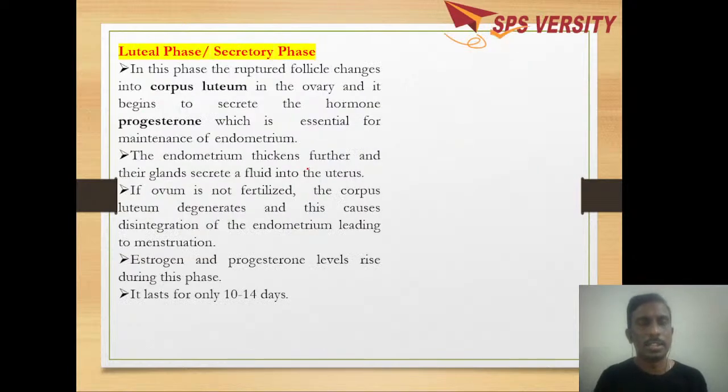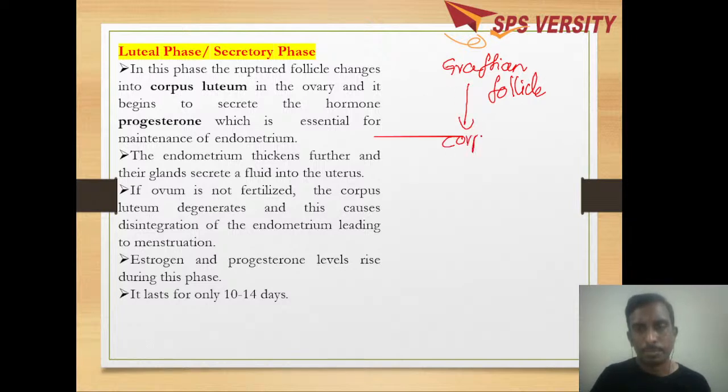The next phase is the luteal phase, which is also called the secretory phase. What happens here? In this luteal phase, the ruptured Graafian follicle, which is now empty and doesn't have the ovum, changes into the corpus luteum.